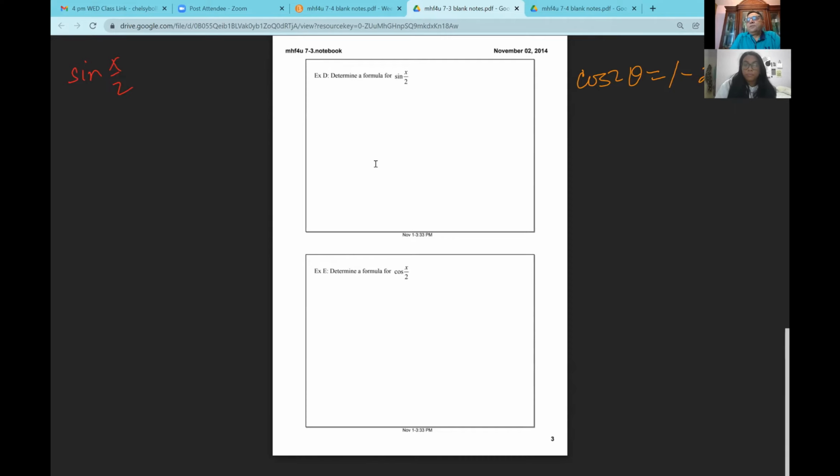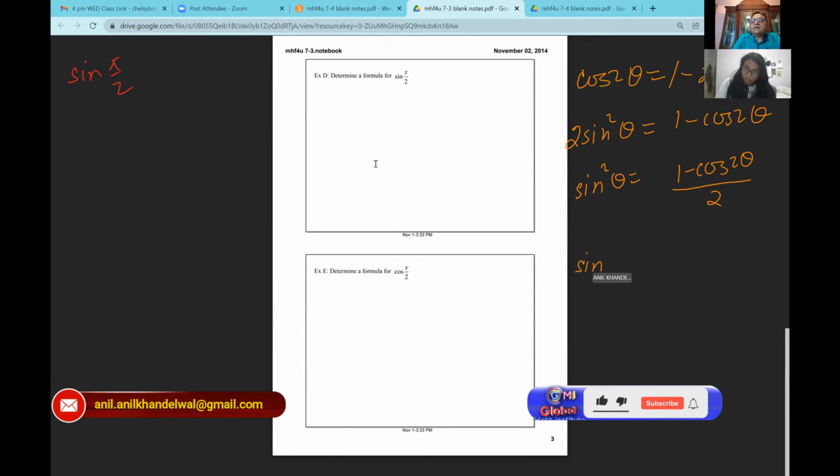From here also, I can rearrange and write 2 sine square theta is equal to 1 minus cos 2 theta, correct? Interchange the positions. Then we have sine square theta equals 1 minus cos 2 theta divided by 2, correct? We can now take the square root. So we get sine theta equals plus or minus square root of 1 minus cos 2 theta over 2, correct?